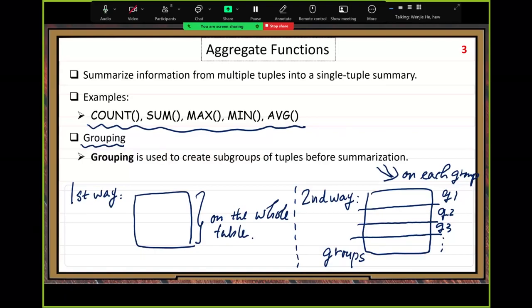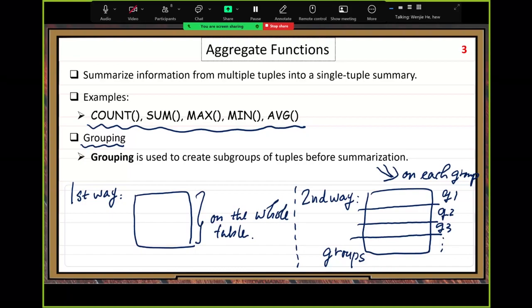Now let's look at how to define groups. Grouping is used to create subgroups of tuples before summarization. Before you apply the aggregate functions, you need to define groups in some special way.